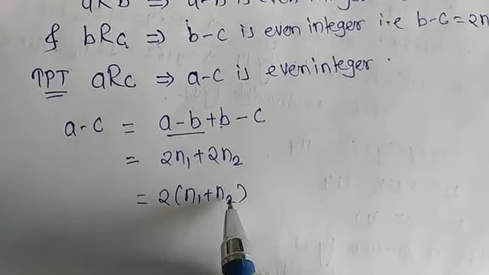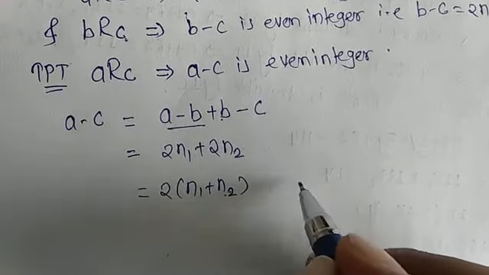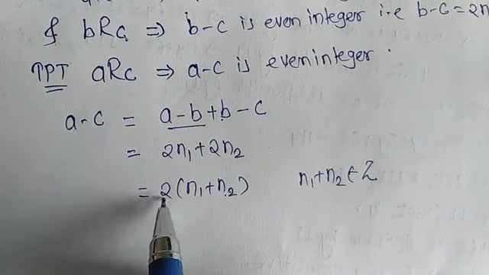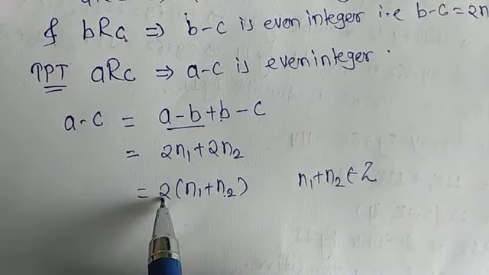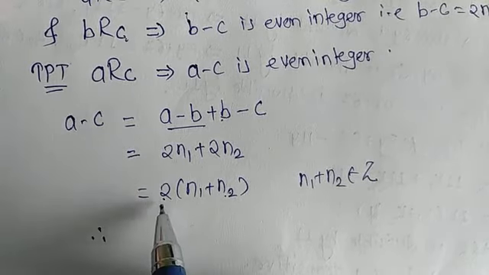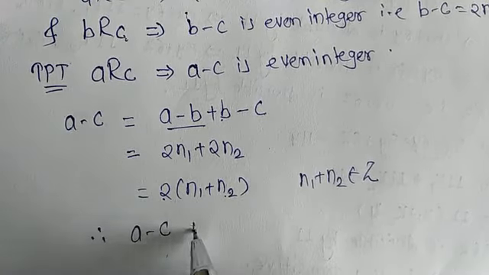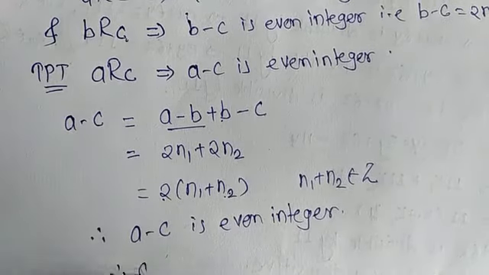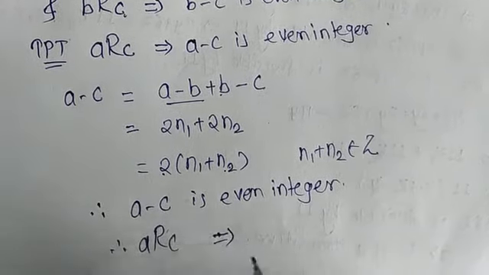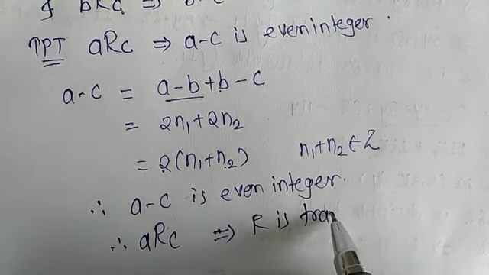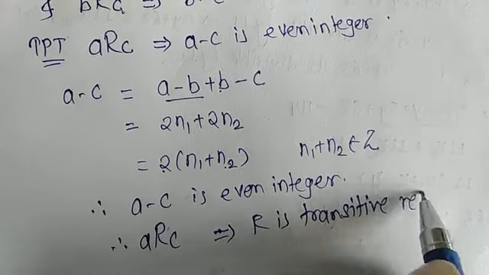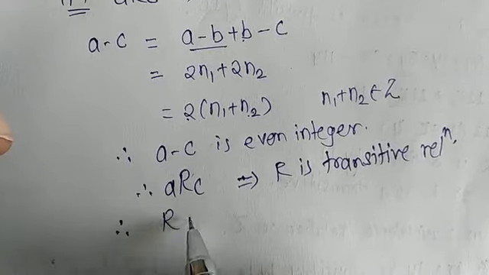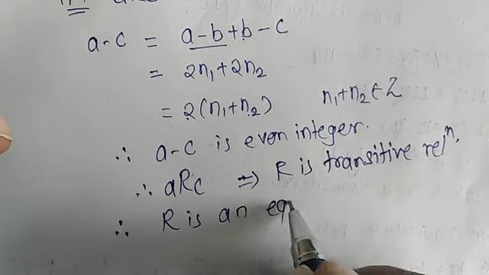As n1 and n2 are both integers, their addition will again be an integer. n1 plus n2 belongs to Z only, and a minus c is a multiple of 2, so it can be written as an even integer. So a minus c is an even integer. Therefore a is related to c, which implies that R is a transitive relation. Which means that as R is reflexive, symmetric and transitive, therefore R is an equivalence relation.